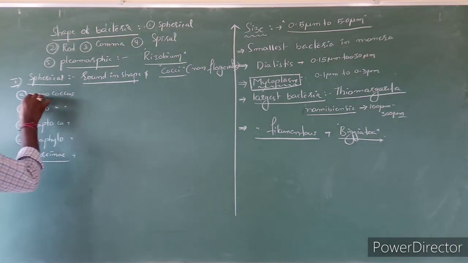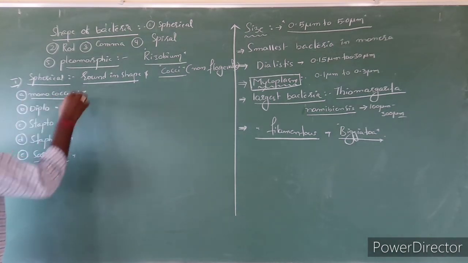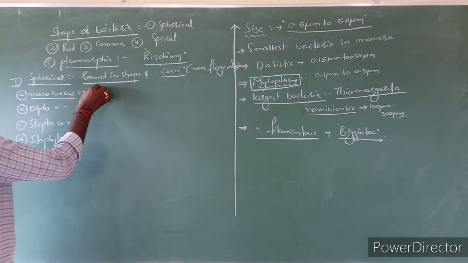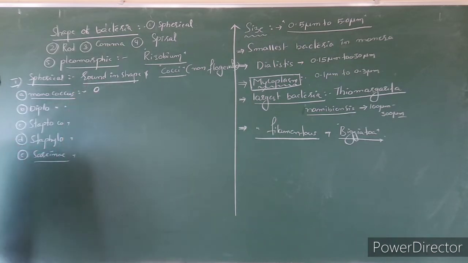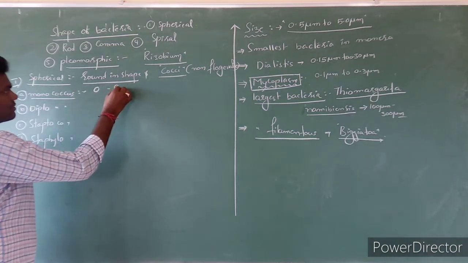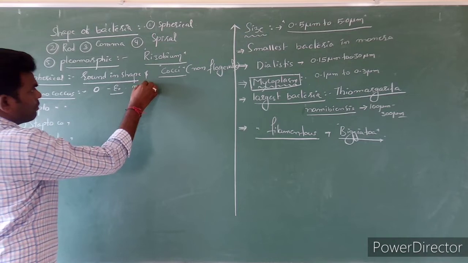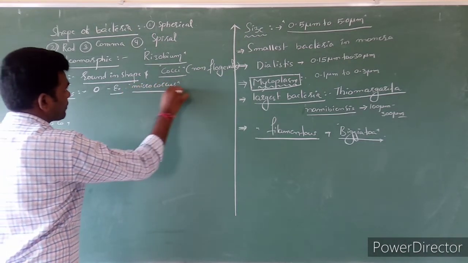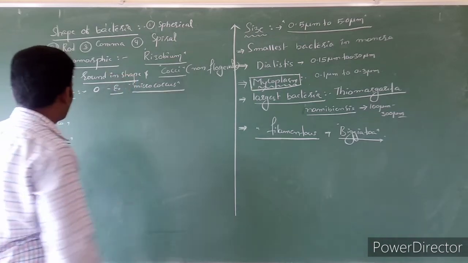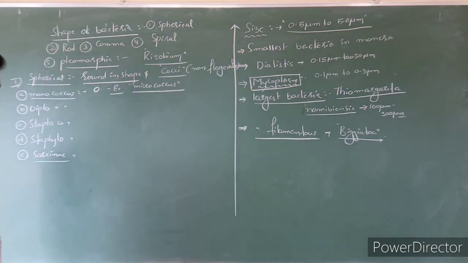Simple. Monococcus. Mono means single. Here only one single cell is present. Example is Micrococcus bacteria. Micrococcus bacteria is an example of monococcus.